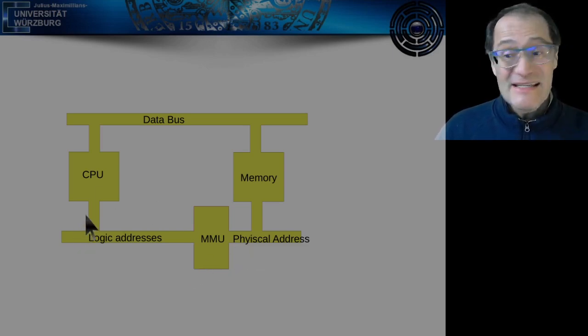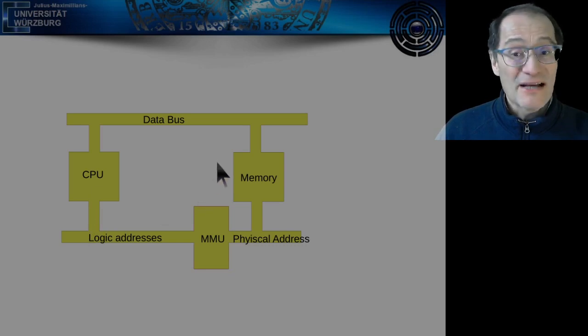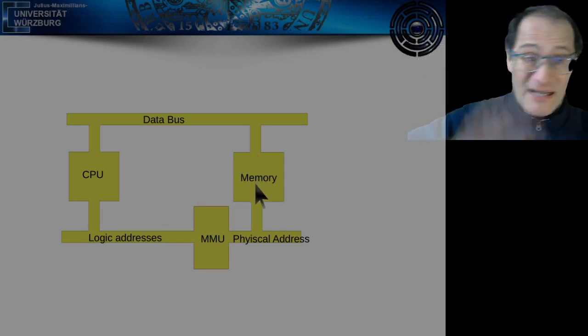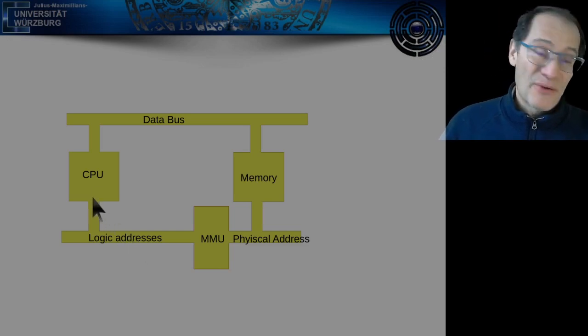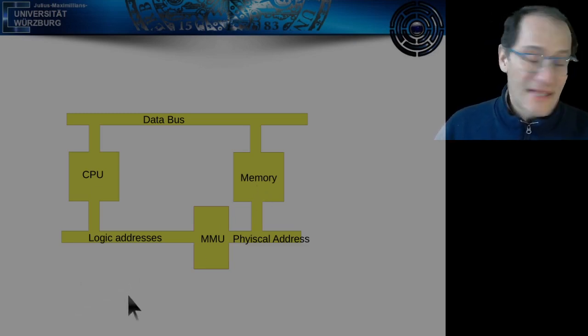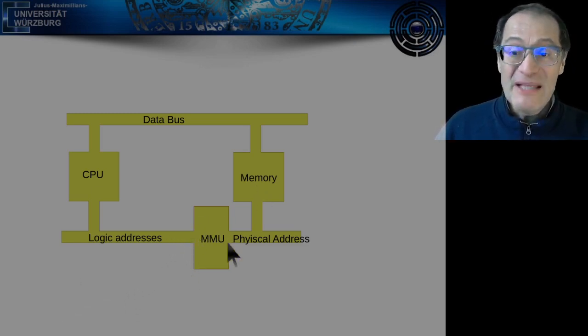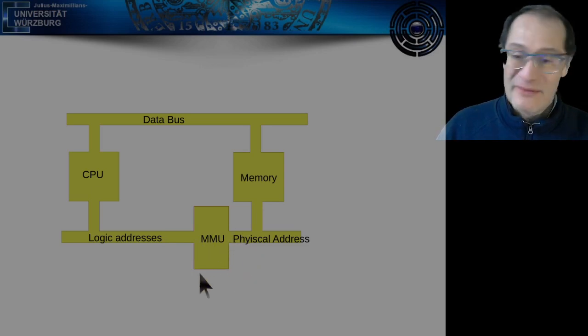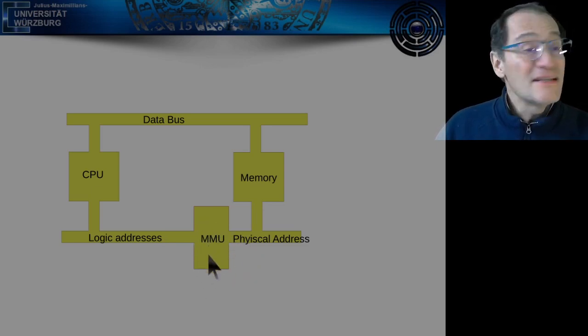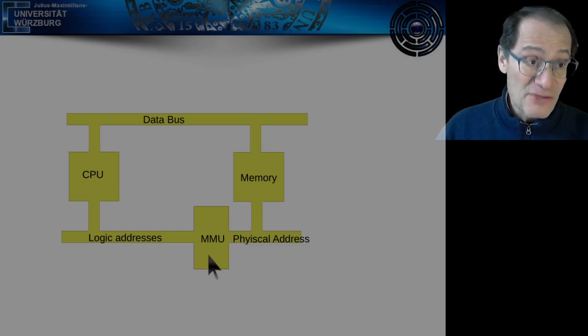So the address 0 here doesn't have to be the address 0 here, it could be the address 1,023,000, and the address 1,000,000 shall not be address 1,000,000 here, it could be the address 100. So where everything is going to be allocated depends on the allocation map, which is here in the memory management unit. And this can be different from process to process.